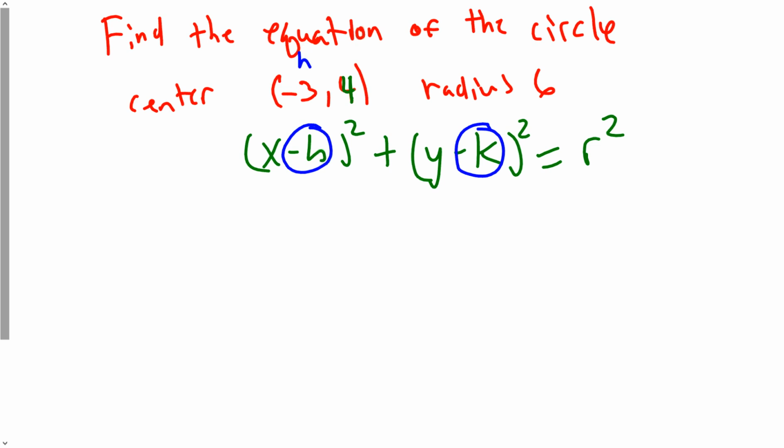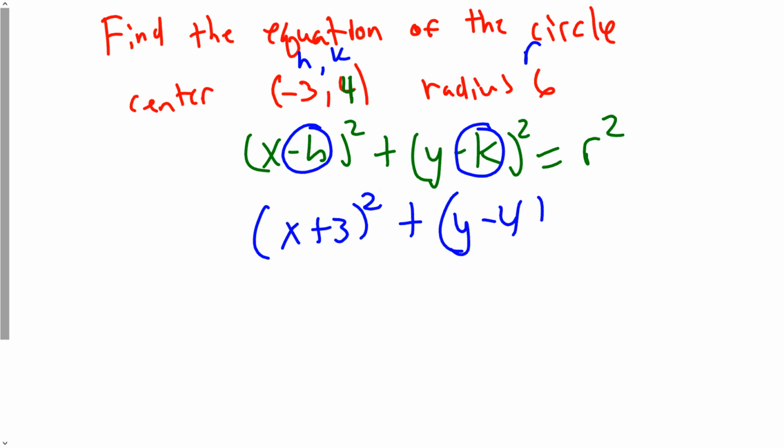This is h, this is k, this is r. So I'm plugging in the opposite of h. The opposite of negative 3 is a positive 3, quantity squared. The opposite of 4 is a negative 4, quantity squared. And our radius squared, so I have to take 6 and square it. So then I get 36.